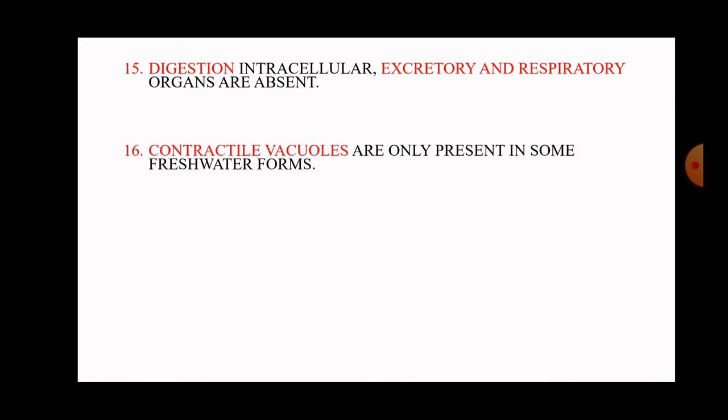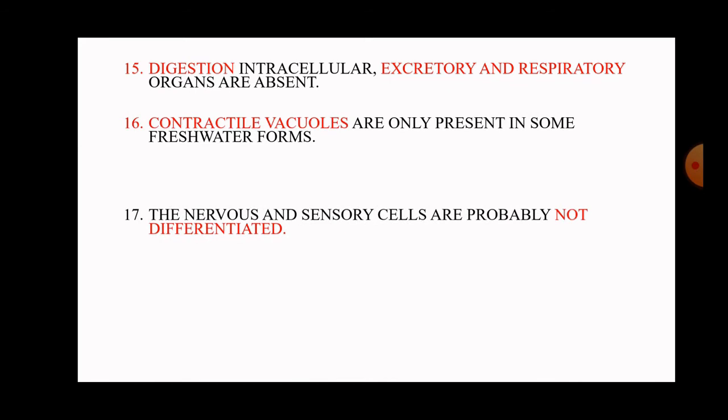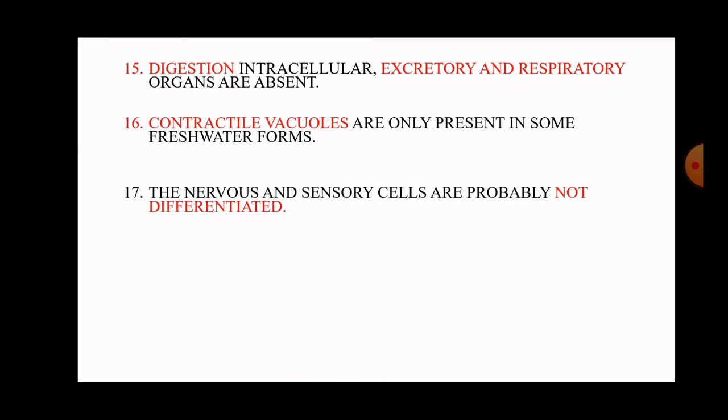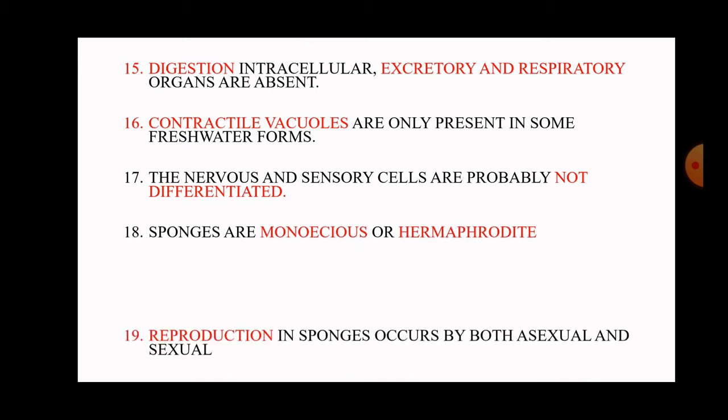Yes, contractile vacuoles are present but only in freshwater forms. Yes, nerve cells and sensory cells are there, but we cannot differentiate them. And all these sponges are monoecious or hermaphrodite.